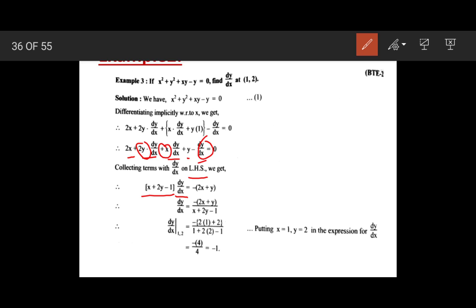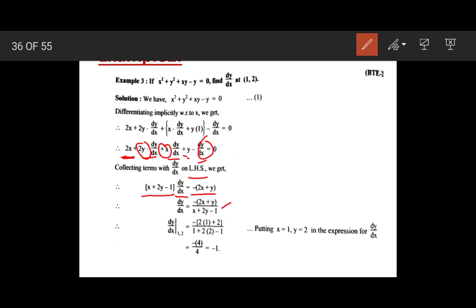That is equal to, this 2x will go to the right hand side so it will be minus 2x, then y will go to the right hand side so it will be minus y. Now we'll take minus common, so 2x plus y. So finally dy upon dx will be minus (2x plus y) upon (x plus 2y minus 1).